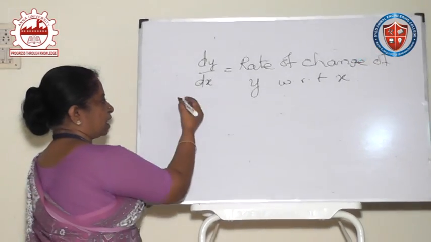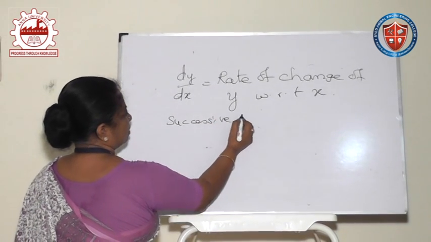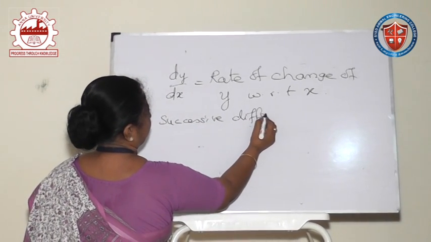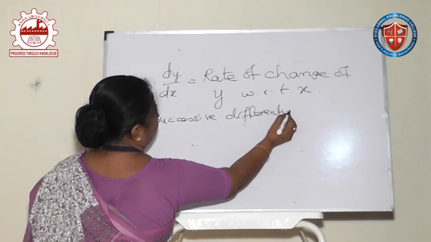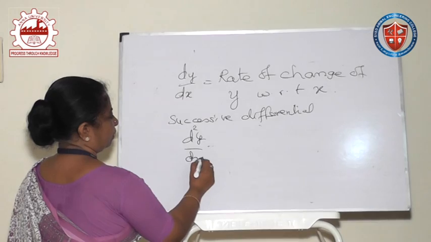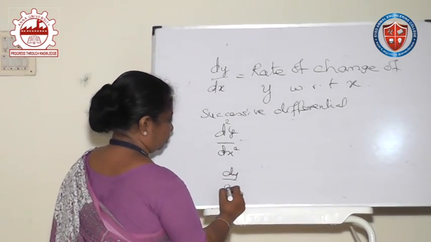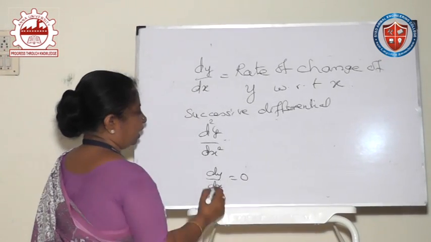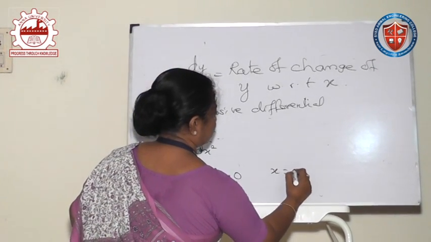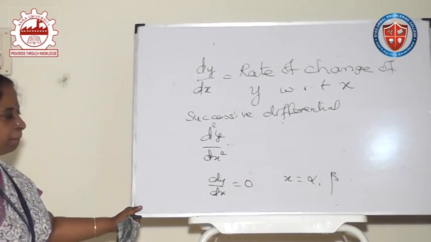When I go for the successive differential, I will have d square y by dx square. When I equate dy by dx to 0, I get different values for x, let us say alpha and beta.